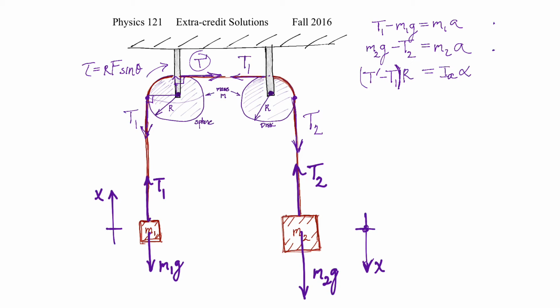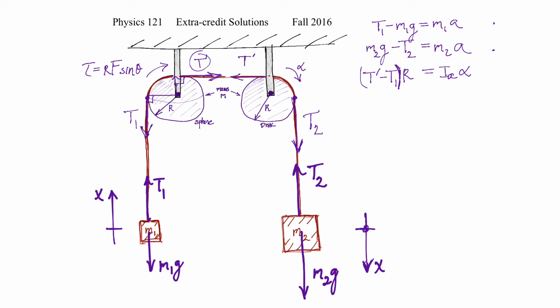Likewise for the pulley on the right, its angular acceleration alpha is that way, and T2 is obviously bigger than T prime, so it must be, oops, I just realized that up here I wrote this as T1, and it shouldn't be T1, it should be T prime. Sorry about that.